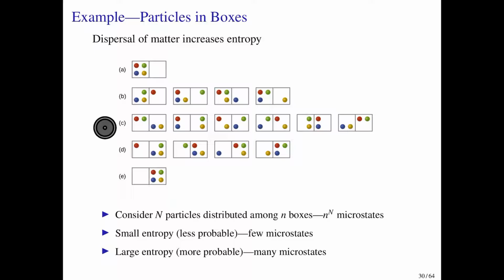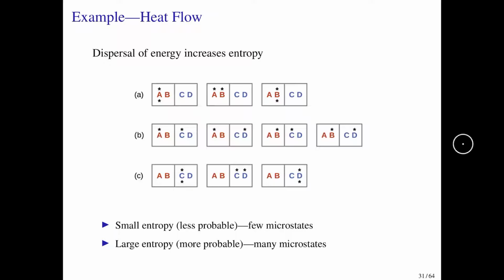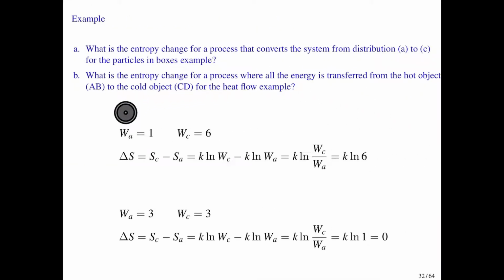And recall what we need to know: the number of microstates for each distribution. So distribution A has 1 microstate, distribution C has 1, 2, 3, 4, 5, 6 microstates available to it. So W for state A is 1, there's 1 microstate. W for state C is 6.